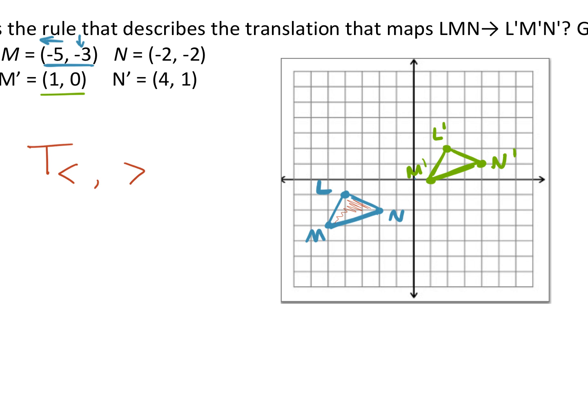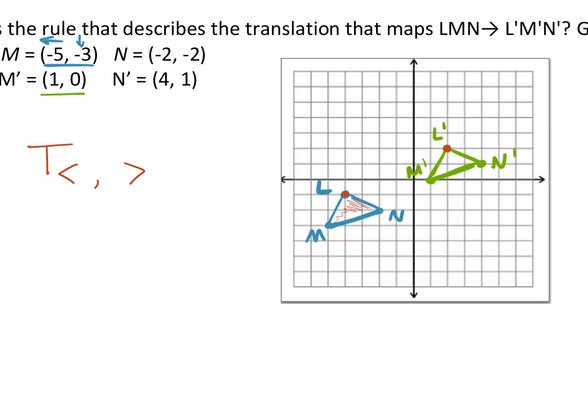Now I want to say, do you want to use L, M, or N? L, because it's higher. Okay, let's use L. So if we start with L, which L or L prime are we starting at? L, the pre-image, okay?